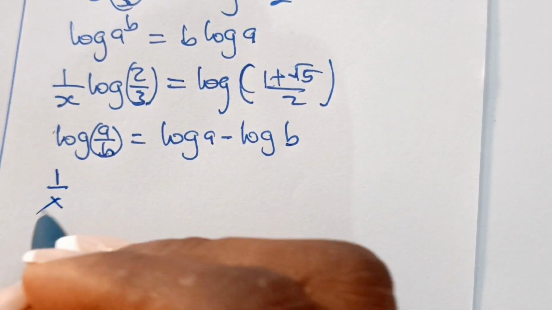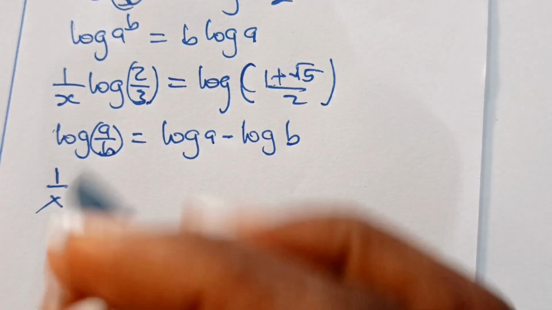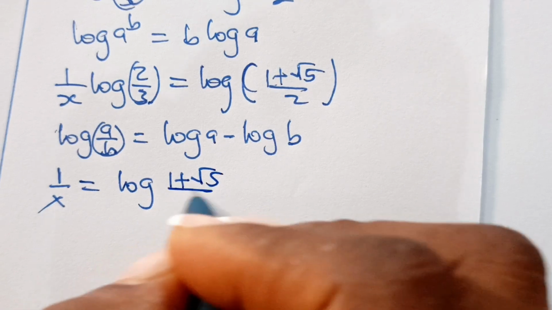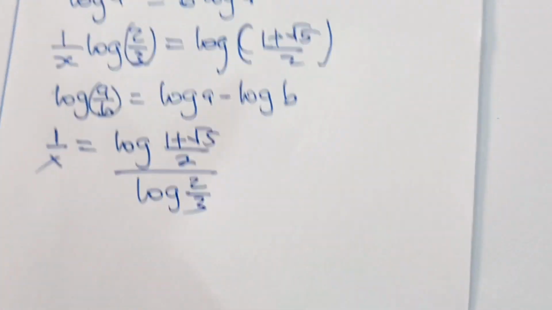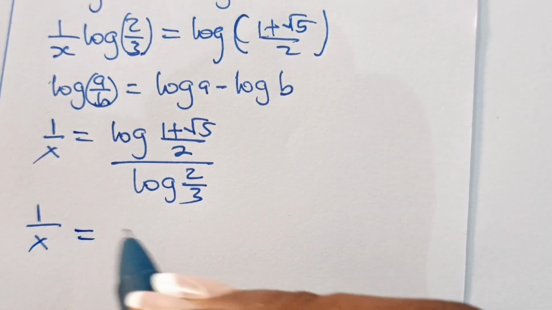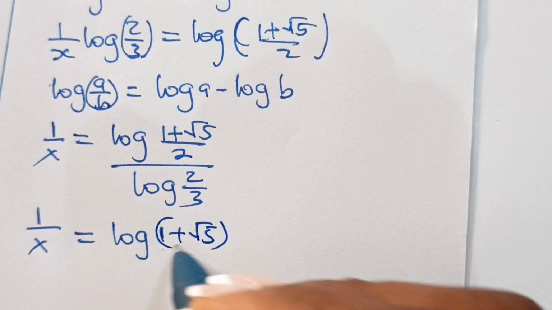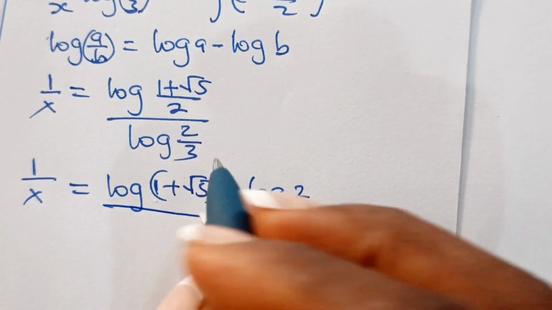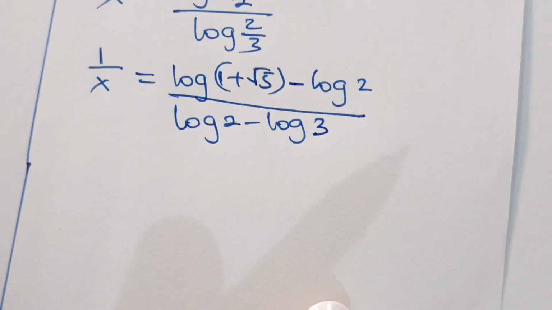So to get 1 over x, we need to divide both sides of this equation by log 2 over 3. So we are going to have 1 over x is equal to log of (1 plus root 5) divided by 2, all right, everything over log 2 over 3. Now we are going to apply this law here. So we have 1 over x is equal to log of (1 plus root 5) minus log 2, that is for the numerator, divided by log 2 minus log 3 for the denominator.